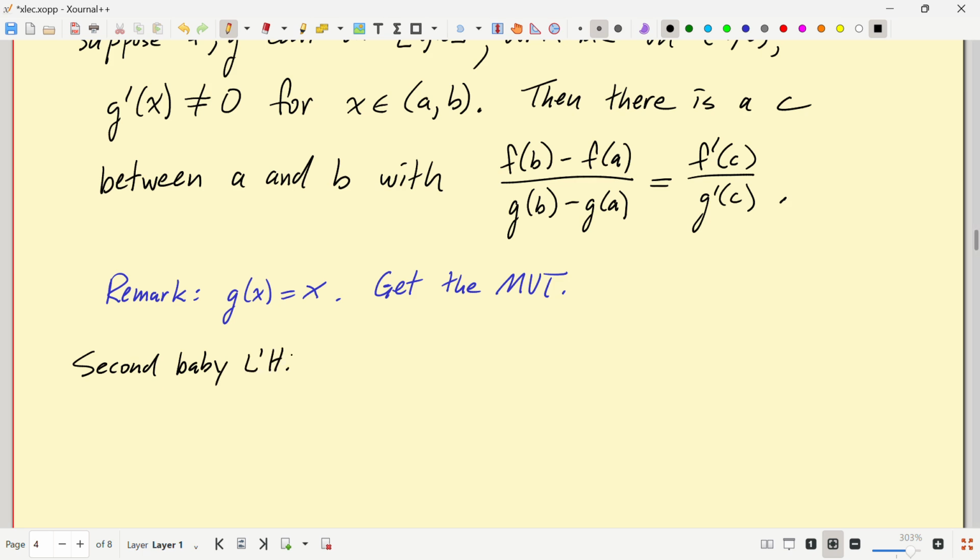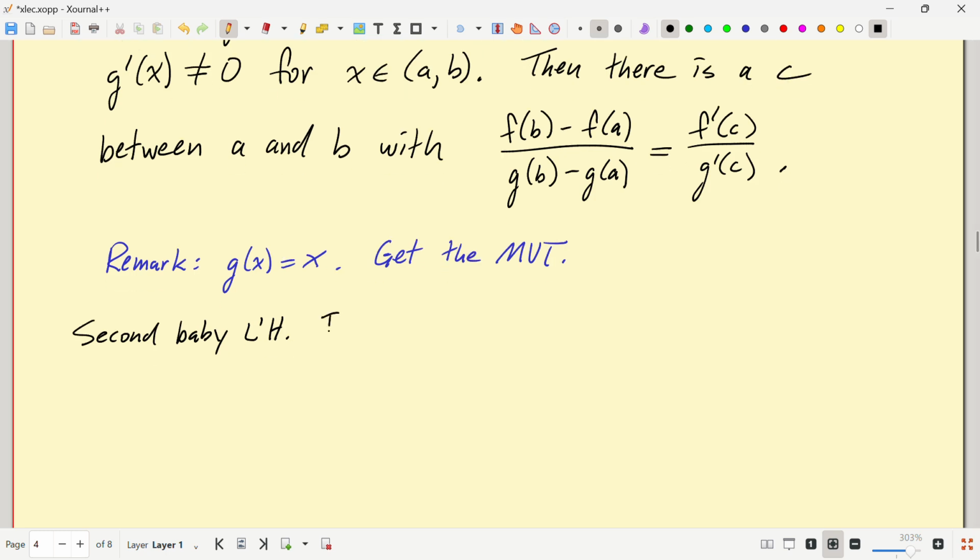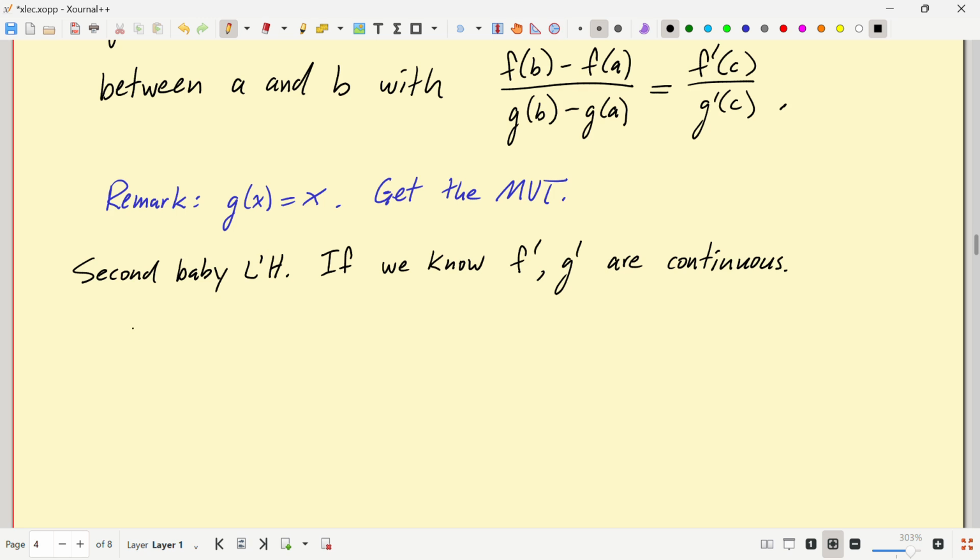If we know that f prime and g prime are continuous, and we know f and g are continuous, and we have, at a point x naught, f of x naught equals 0, and g of x naught equals 0.